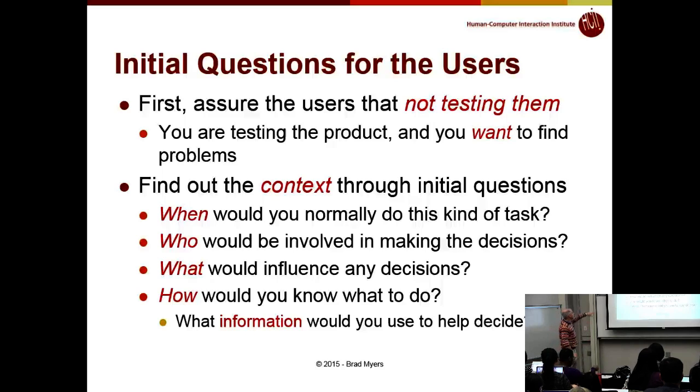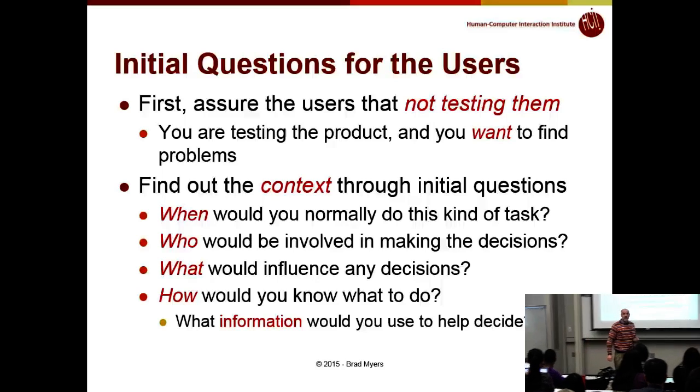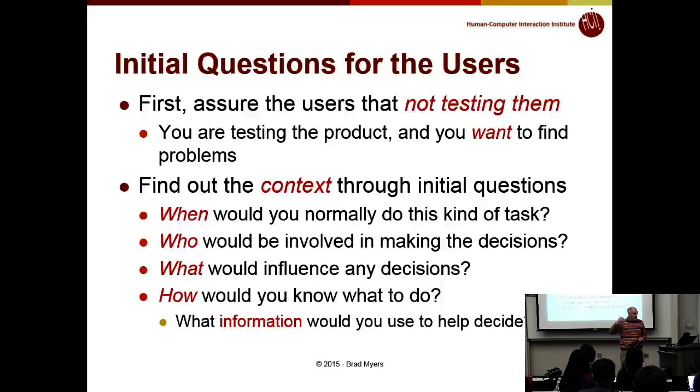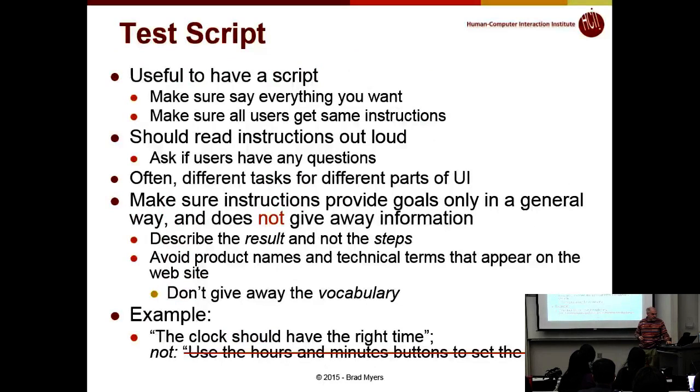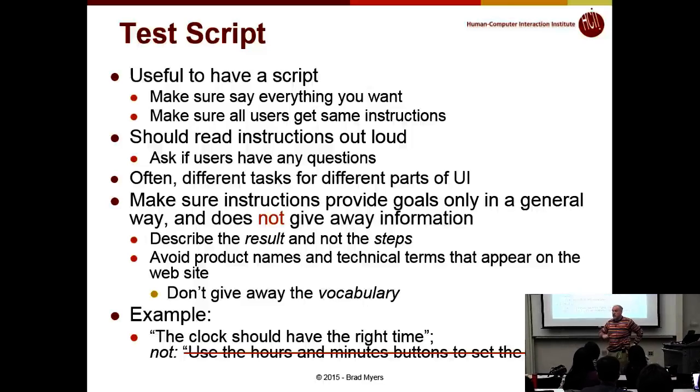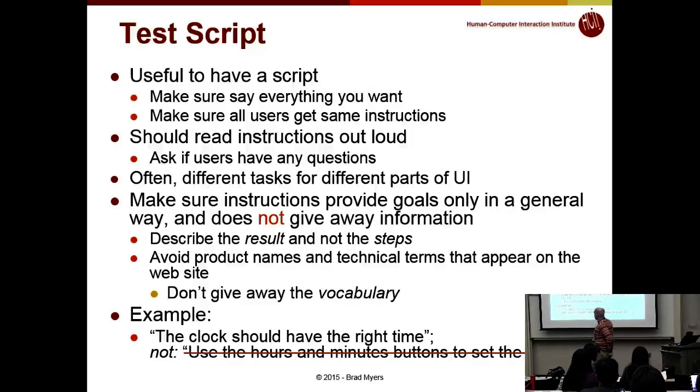But understanding all this, what they call influences or the context, the cultural context, is important. And so you should start with some sort of simple questionnaire for your user before you get started in the actual use. We require in this assignment that you have a written script, a written set of questions.